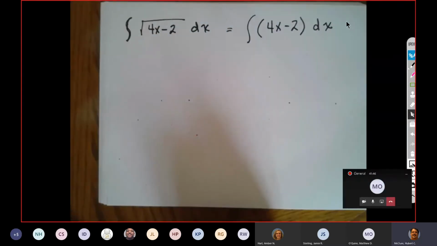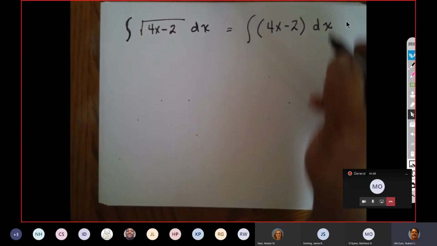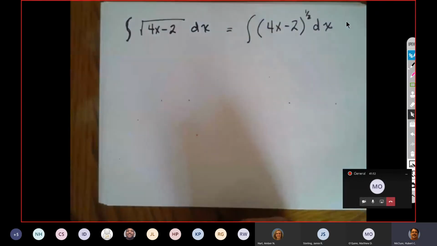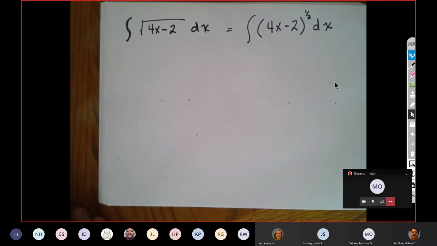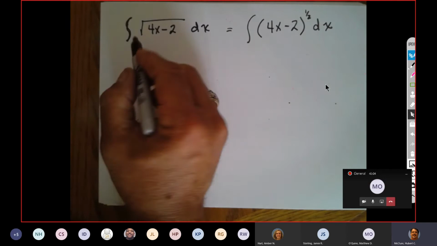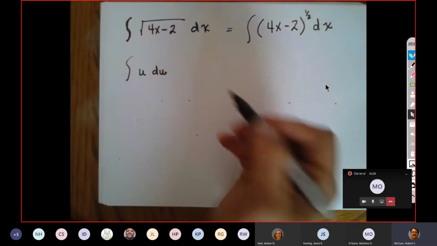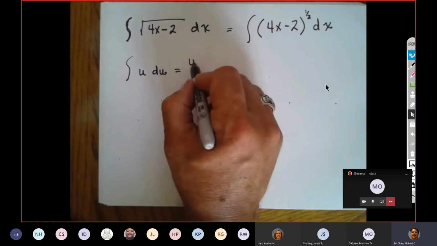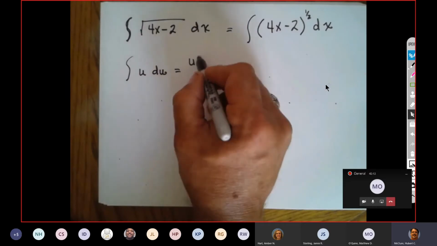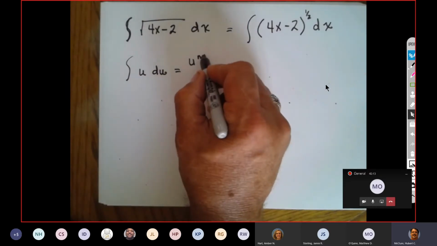Now, I see those parentheses, and the first thing I think about is what's inside. Because if I have the antiderivative of u to the n du, then all I have to do is do u to the n plus 1 over n plus 1.